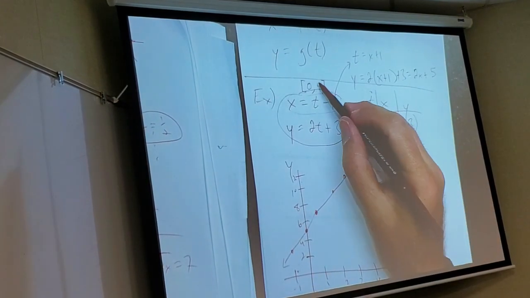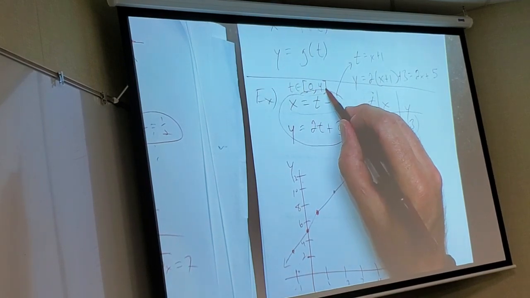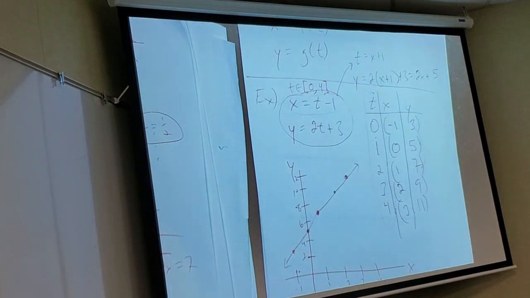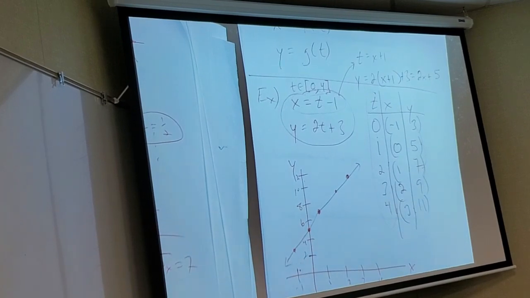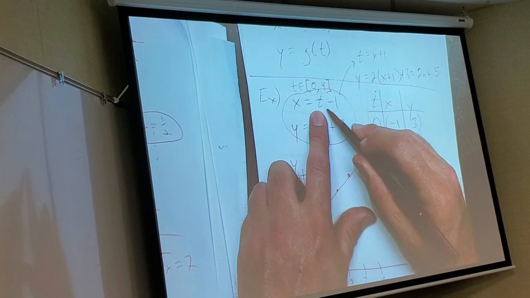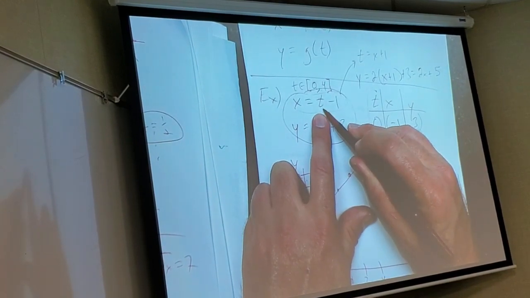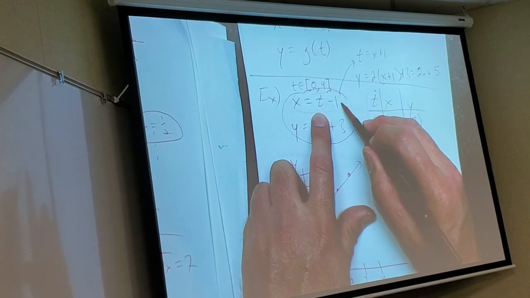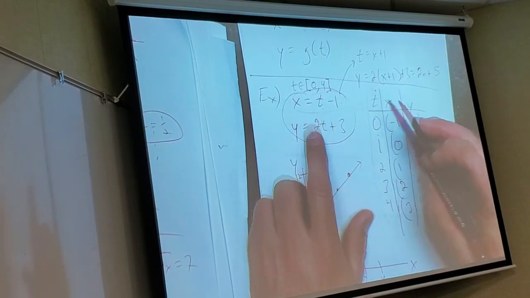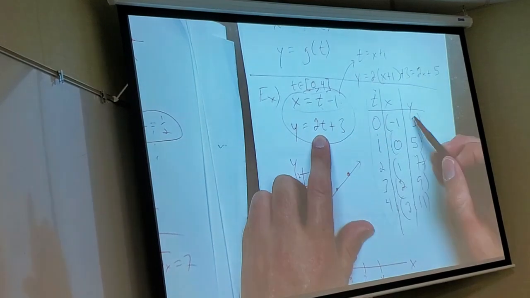Yeah, so I said t would exist from 0 to 4. So most problems are going to give you some interval for t. But how are you using it to graph it? Well, here, if t is 0, what's x? If I make t 0, what's 0 minus 1? -1. And if I make t 0, y is 3, right?